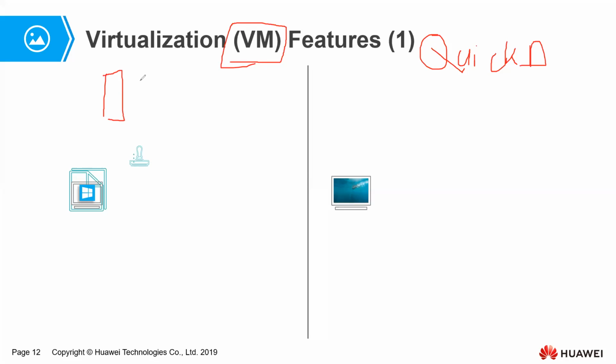After getting the physical machine, go ahead and buy the operating system, install it, pay the licenses, buy the software you need, install it, and all that. So with virtual machines, we can quickly deploy a computer based on the need.